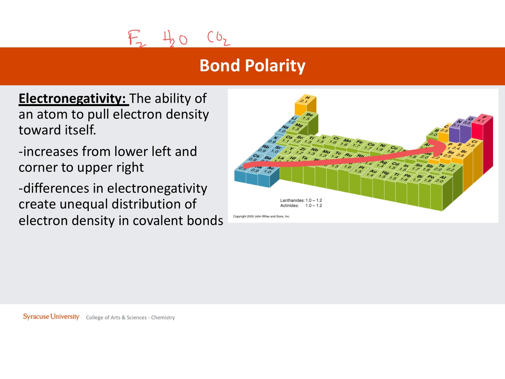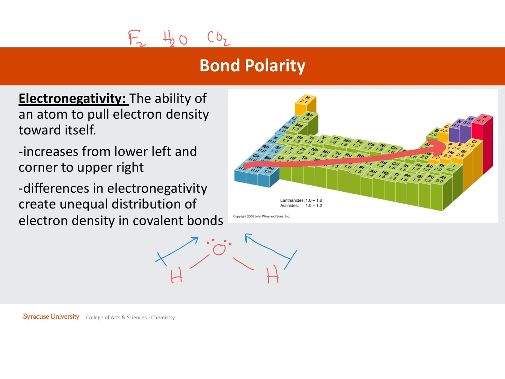And to determine that, we take a look at oxygen. Oxygen is more electronegative than hydrogen. So as a result, we're going to have a slight imbalance of electron density. Oxygen, being more electronegative, is going to pull that electron density toward itself away from the hydrogen.